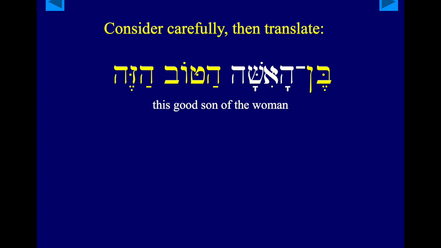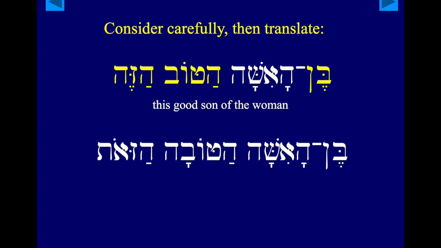Let's say it was two masculine or two feminine nouns here. Let's say it was bat ha'isha, the daughter of the woman, and then hatova hazot, the feminine forms of those adjectives and demonstratives. Then we would not know which one it went to. You'd have to tell by context, like which one in the story it makes sense to point out as good and this one.